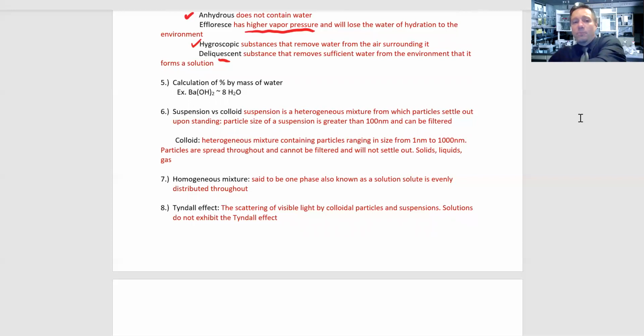So let's get our periodic table and look what we have here. So we have here, and I'm going to write this down, barium, we have 2 oxygen, and we have 2 hydrogen, and we have 8 water.